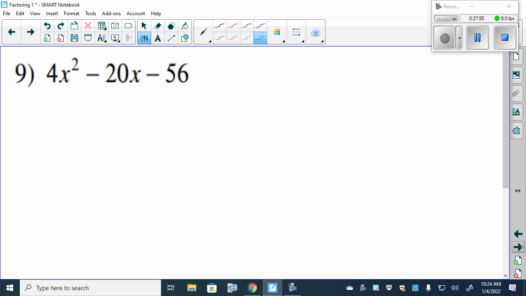Or do we feel comfortable with both of those? Okay. Because both of those would work in the same exact fashion. We would factor out the greatest common factor and go along the same lines as what we just did.